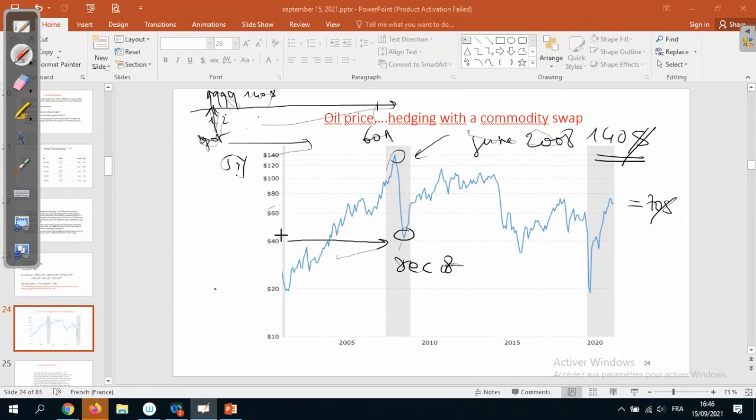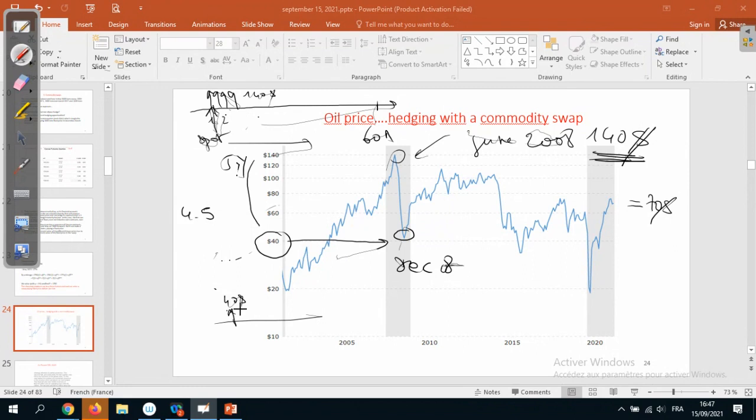The oil price moves down to 40. And then Air France had a swap with a maturity of 4 years and a half because it made in June a swap 5 years paying 140. 6 months after, its swap has 4 years and a half maturity, pays 140, when the new swap pays only 40.